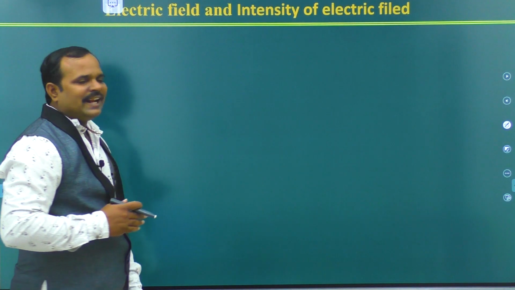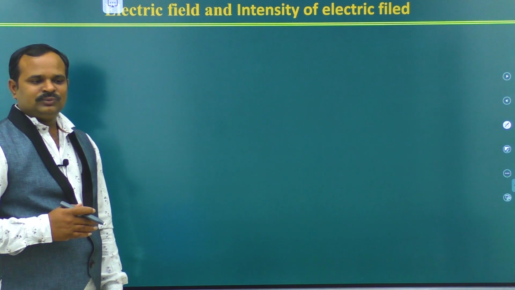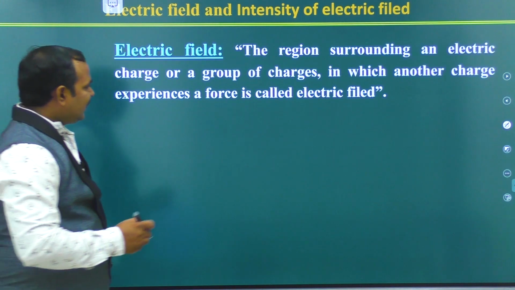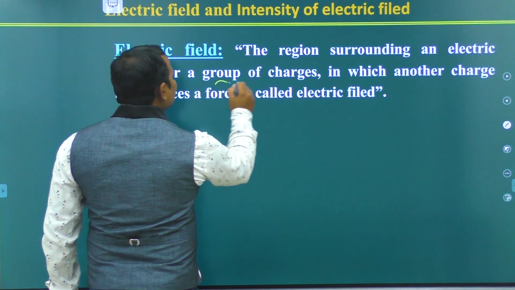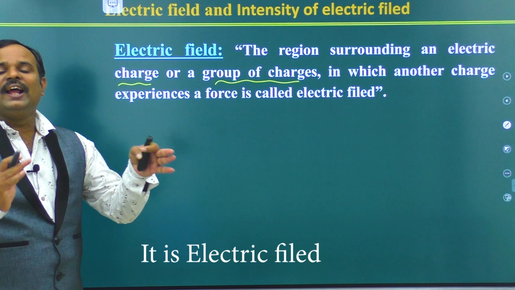Now let us see the electric field, and the intensity of electric field. What is the electric field? The region surrounding an electric charge or a group of charges in which another charge experiences a force is called electric field.